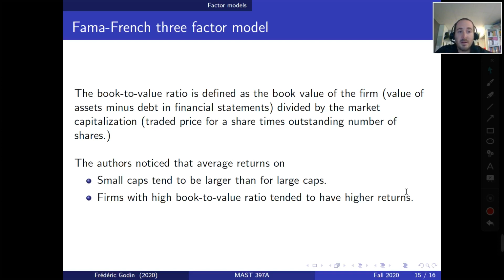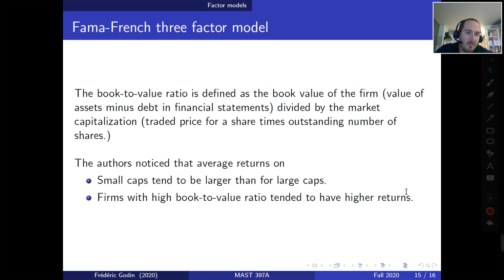There are a plethora of other factor models to explain returns or expected returns on the various securities, and this is very useful. If you're an investor, you might use these models to determine which stocks or assets you want to invest in. But I've introduced the CAPM and Fama-French because they are the most popular.